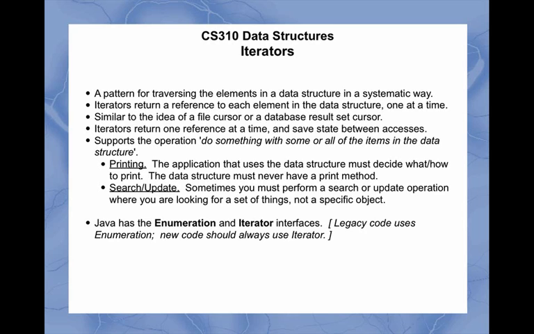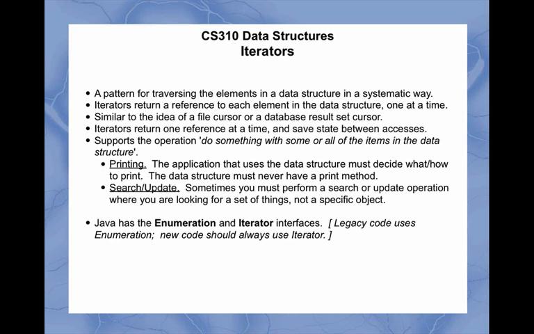And in fact deciding or specifying how printing should happen inside a lower level data structure makes no sense at all. In fact, it's the application that needs to decide how things should print. Therefore, a data structure should never have a print method in it at all. There's just no justification for it because there's no way to specify what you should print.